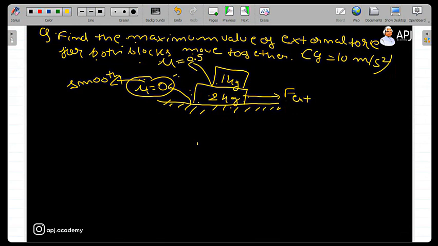First of all, tell me the external forces acting on the 2 kg block. The acceleration of the 2 kg block will be in the horizontal direction.